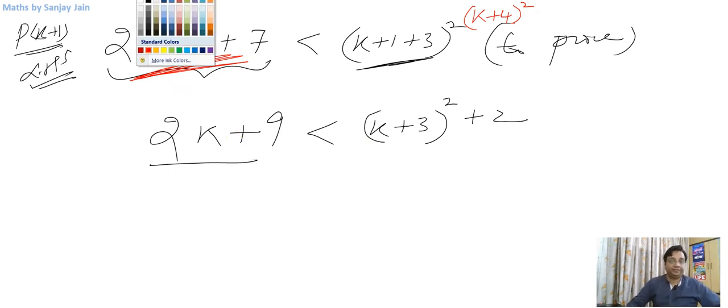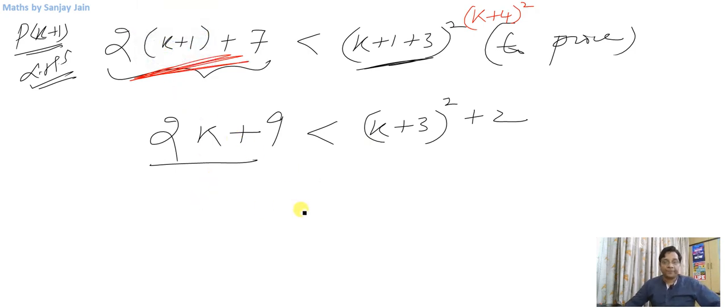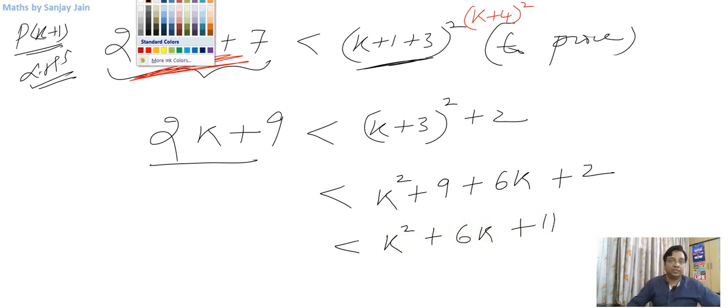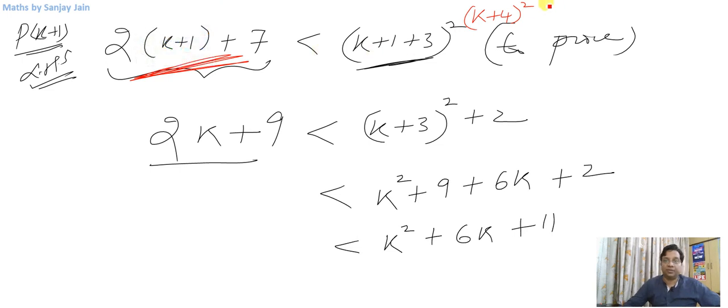So let's check. Okay, so this is k squared plus 9 plus 6k plus 2. So this is k squared plus 6k plus 11. Now if you notice, what was k plus 4 squared? It is k squared plus 8k plus 16, right?